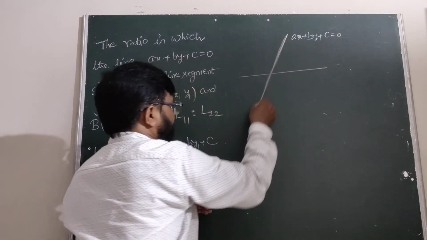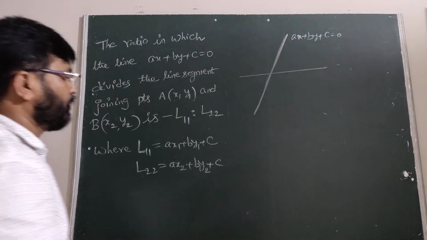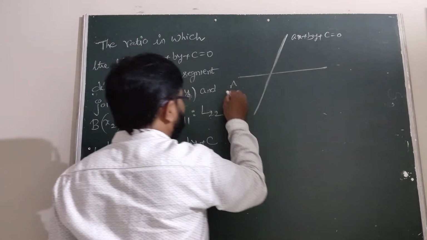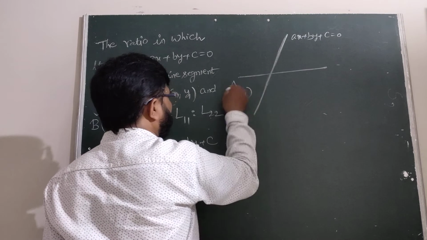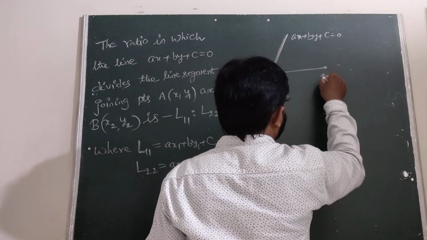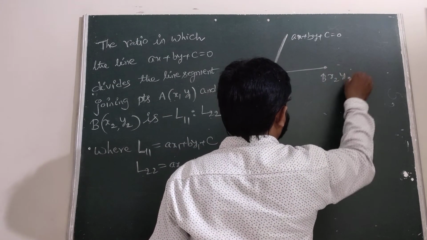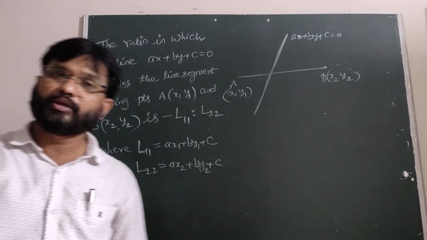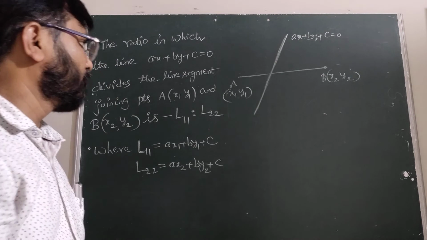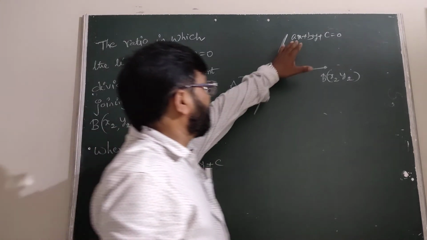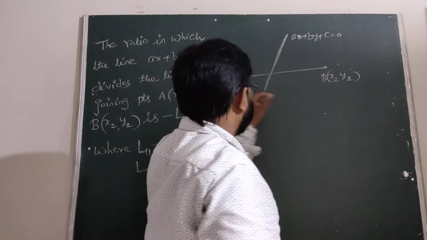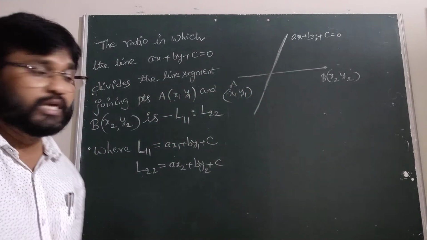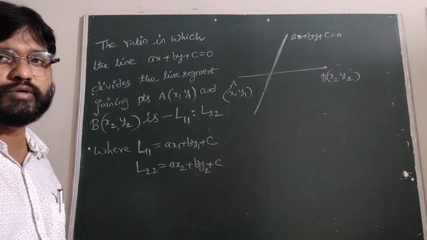The line ax plus by plus c equal to 0 divides the line joining A and B. Let A be the point x1, y1 and B be the point x2, y2. Is it clear? That means the line divides the line joining A and B in the ratio minus L11 is to L22.